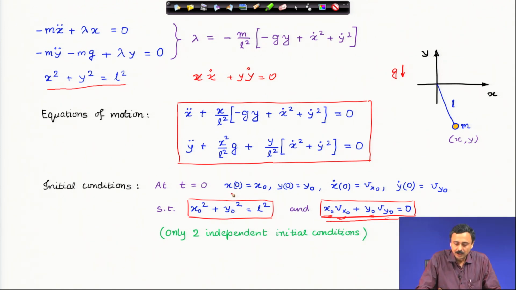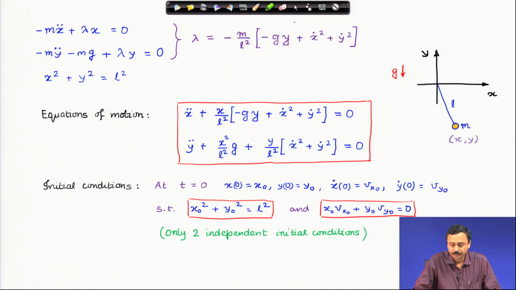Therefore, out of these 4 conditions that I am considering, there are 2 constraints. So we have independent choice of only 2 of these parameters. So, there are 2 independent initial conditions, and with these 2 differential equations, these 2 initial conditions and this constraint on the initial conditions, we have a complete system.